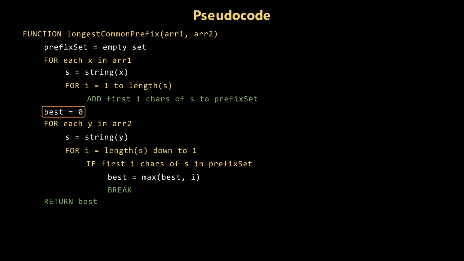Track the best answer, starting at 0. Loop over every value Y in ARR2. Convert Y to its decimal string S. Try prefix lengths from full length down to 1. If that prefix is already in the set, update best with the larger of best and I. Stop trying shorter prefixes for this Y. Return best.